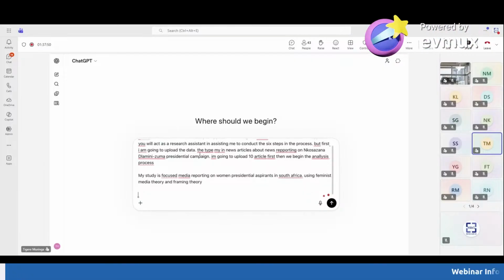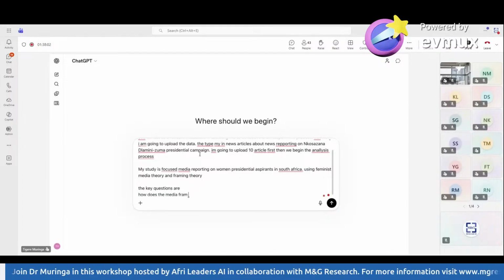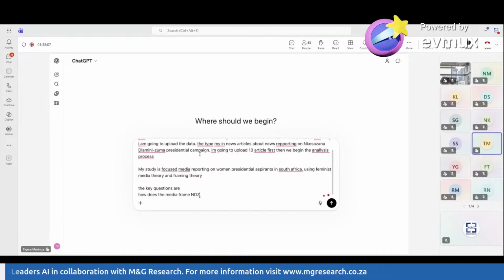The key questions that need to be answered by the data. The first one is, how does the media frame NDZ, right?